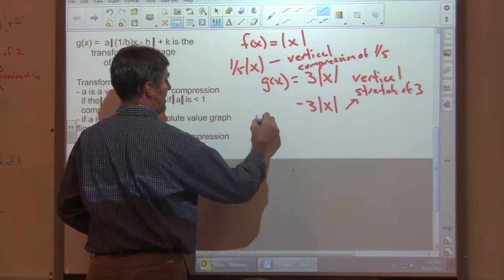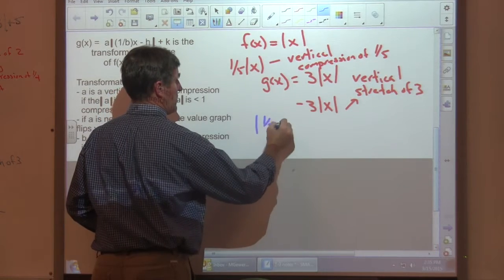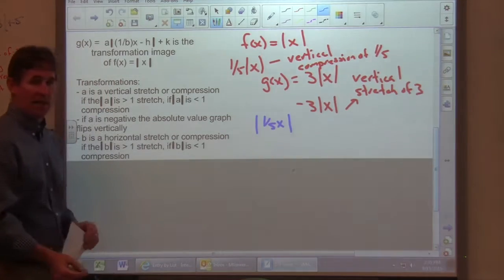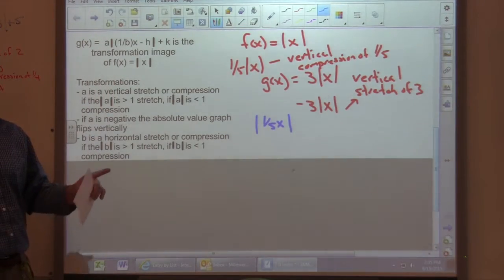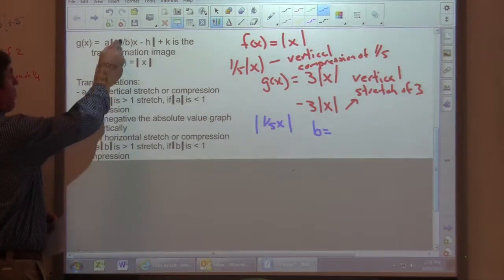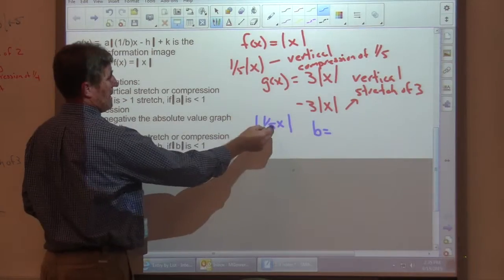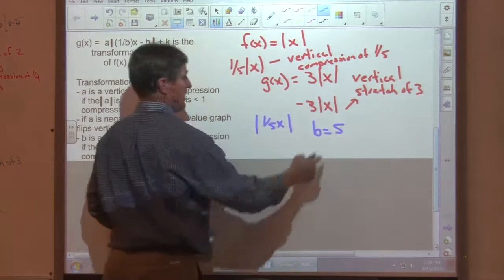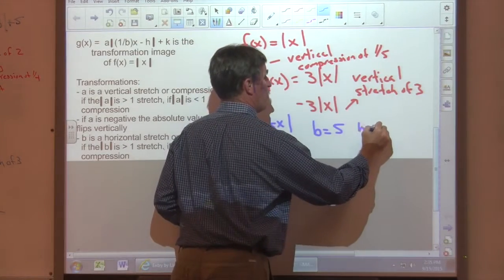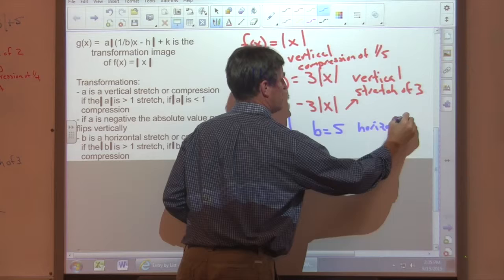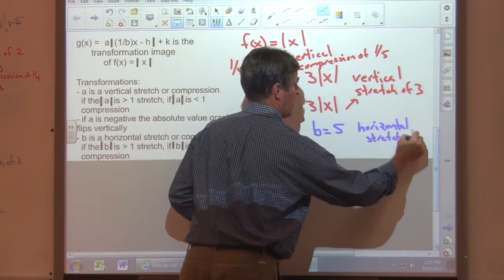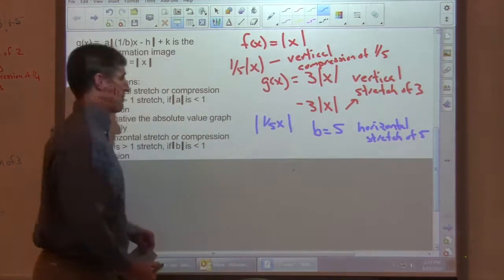If I said that the function was the absolute value of 1/5 x, the first thing we have to do is decide what b is. And remember, our formula is 1 over b. So it's 1 over b, so b is 5. Now I know that 5 is greater than 1, so that would be a horizontal stretch of 5.